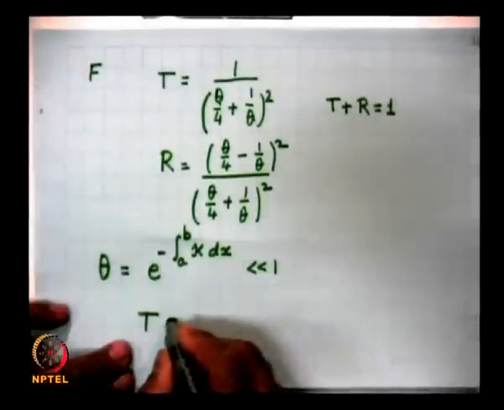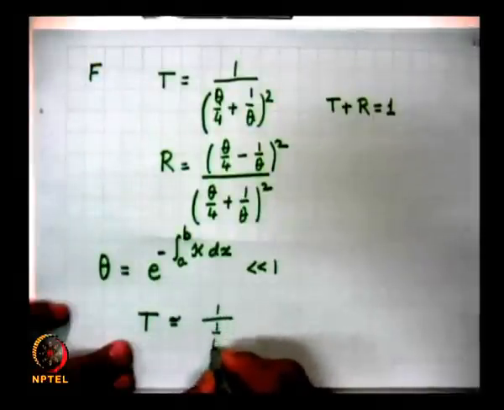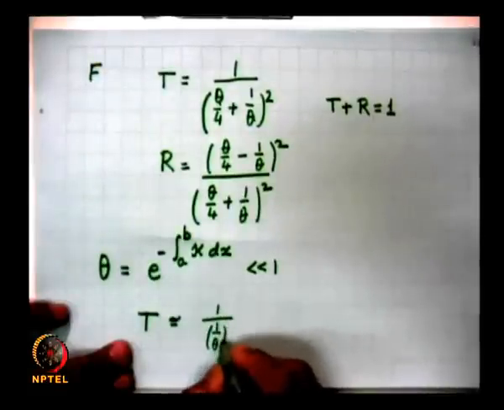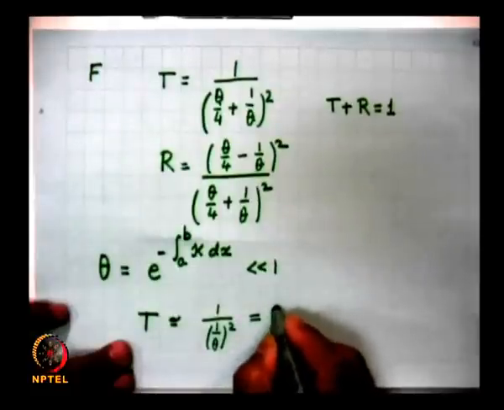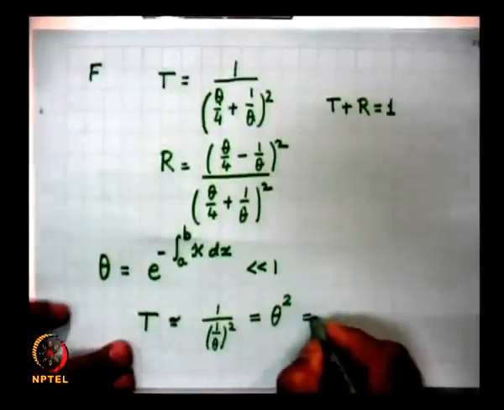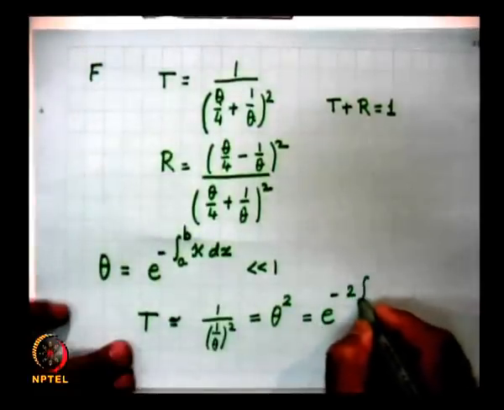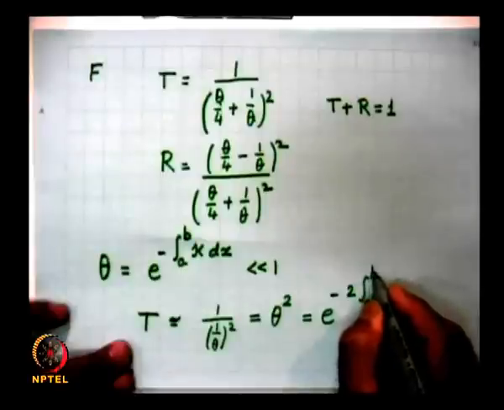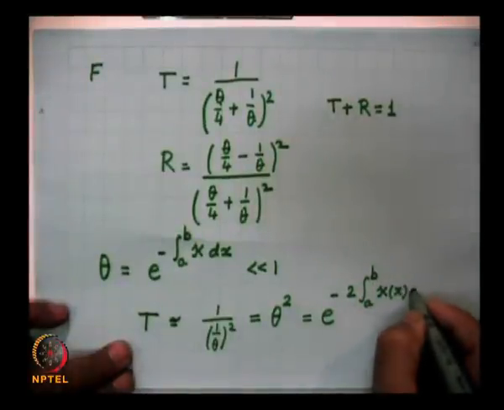So, this will approximately become 1 by 1 over theta squared. So, this is equal to theta squared, and this is equal to e to the power of minus 2 integral a to b of kappa(x) dx.